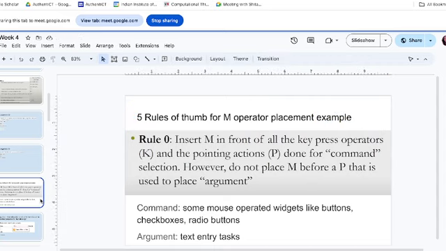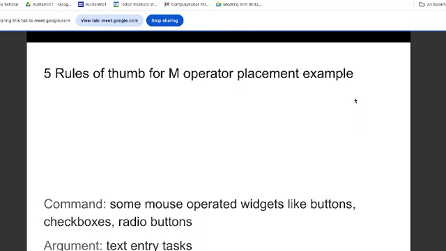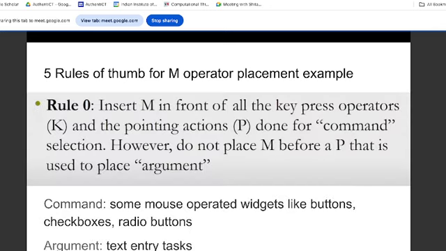But if I go from this slide, I select slideshow, and then click on the arrow keys for moving the slides, I'm performing a command action. Even though I'm pressing keys, I'm performing a command action. But when I'm entering text, as I wrote the example letters, I was still using the keyboard, but that is for the argument text entry. That is the difference between the key press of command and the key press of argument.